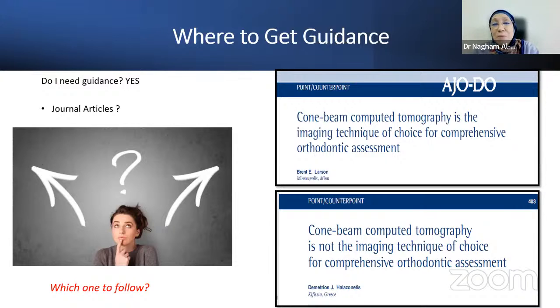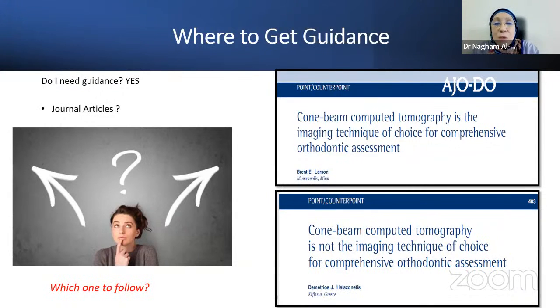Since we need evidence, maybe one would think that the best guidance could come from articles in reputable dental journals in your respective specialty, where we can follow the author's opinion. The author has conducted a study or a systematic review, and will give us an opinion on whether to use CBCT or not in a particular situation. Let me share with you an example from my specialty, orthodontics.